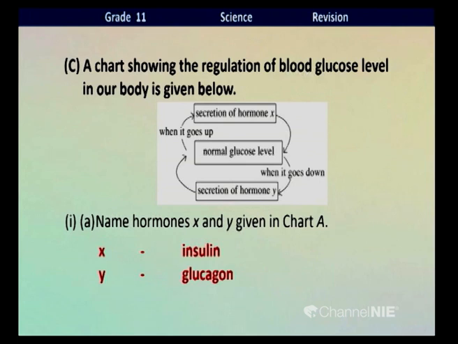The glucagon hormone too is produced inside the pancreas, in the alpha cells of the islets of Langerhans. It is secreted normally when the blood glucose level drops below the normal level. Due to the action of glucagon, stored glycogen in the liver is converted to glucose and added to the blood.